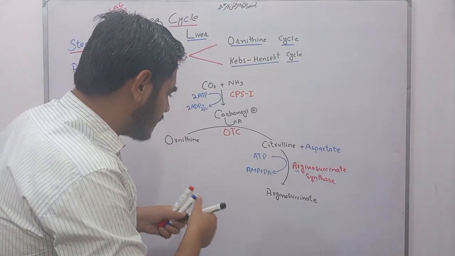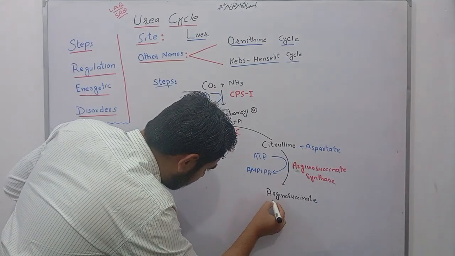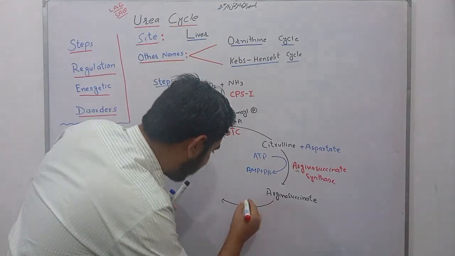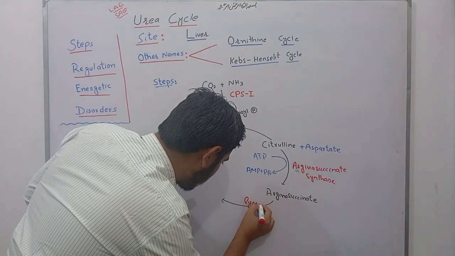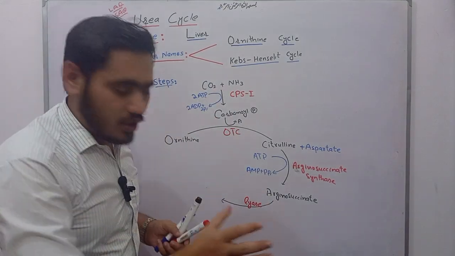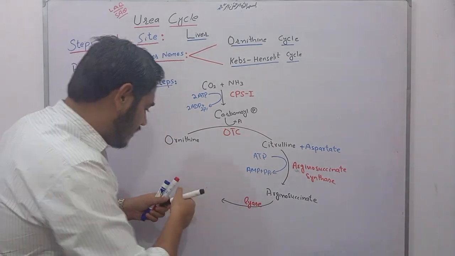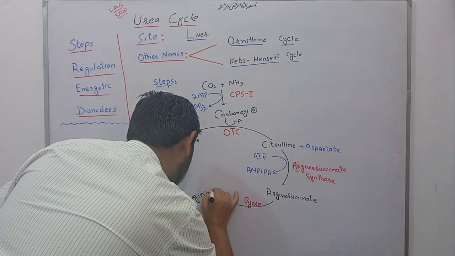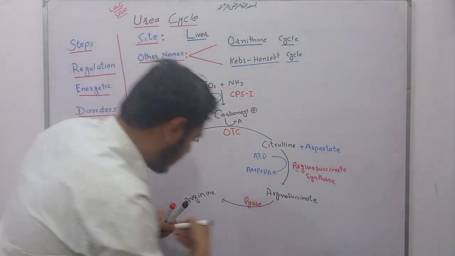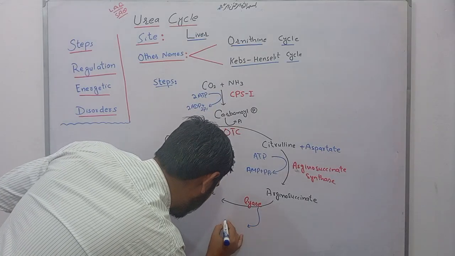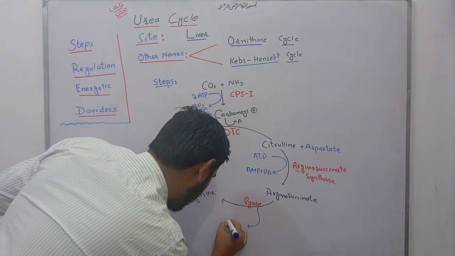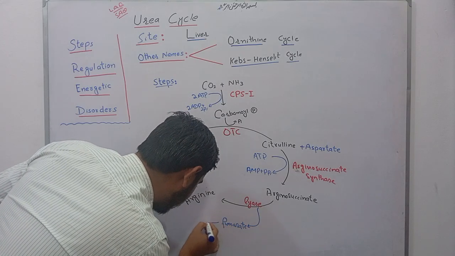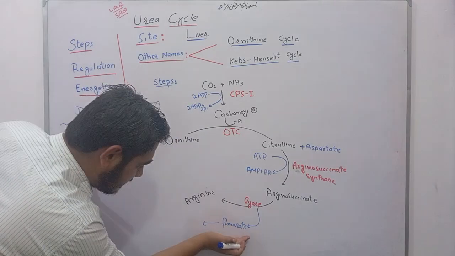Now coming toward the fourth step. In the next reaction, with the help of the arginosuccinate lyase enzyme, there is a formation of arginine, and here there is a release of fumarate. Fumarate is an intermediate of the TCA cycle.